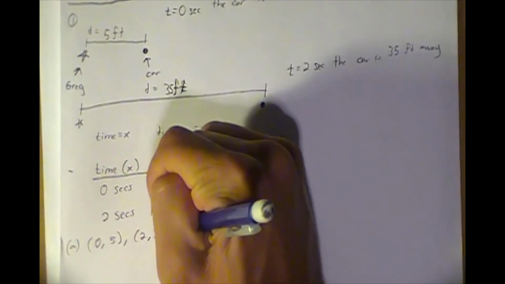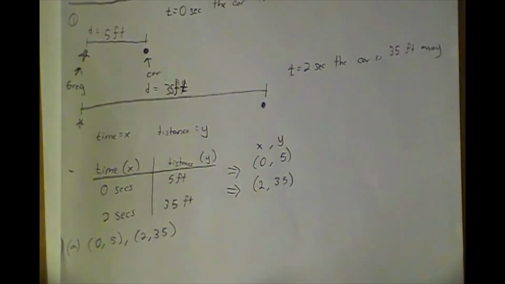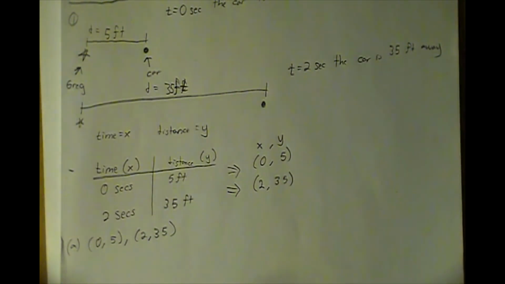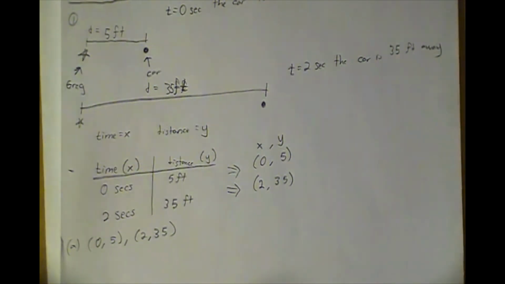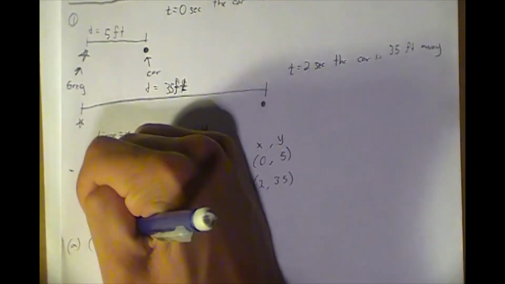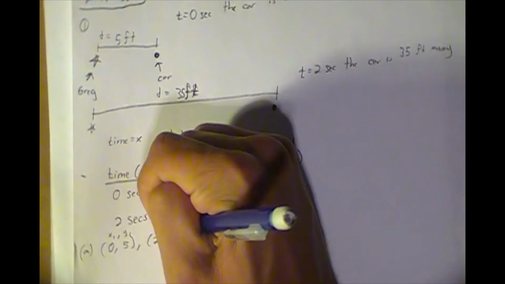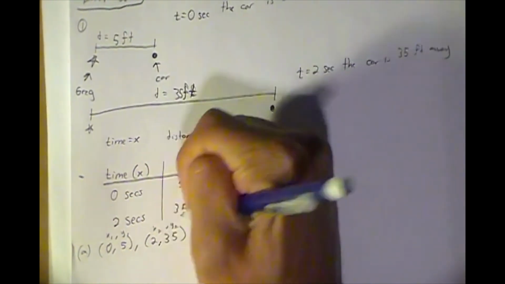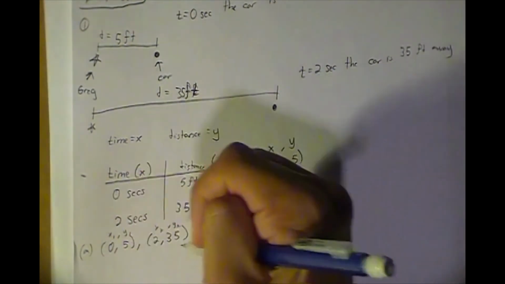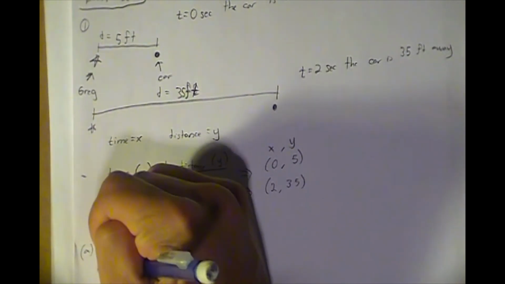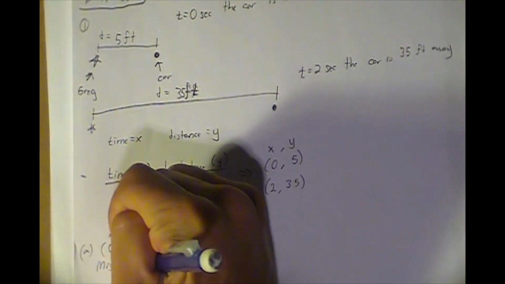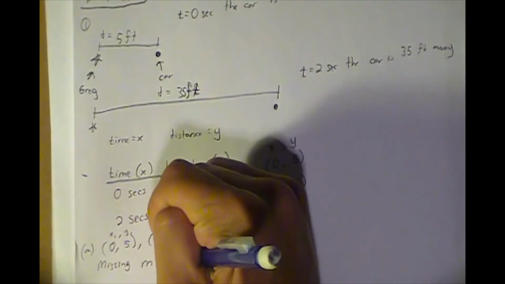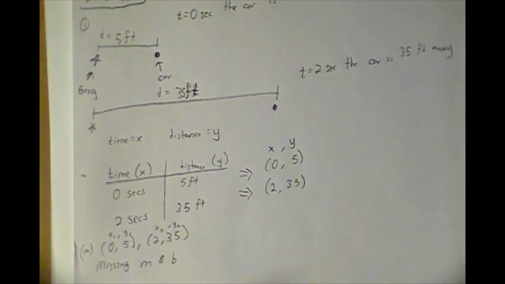That's exactly right, in the previous example. In the previous example, we're given x1 and y1, x2 and y2. Awesome. So we know that we're missing the slope and the y-intercept.